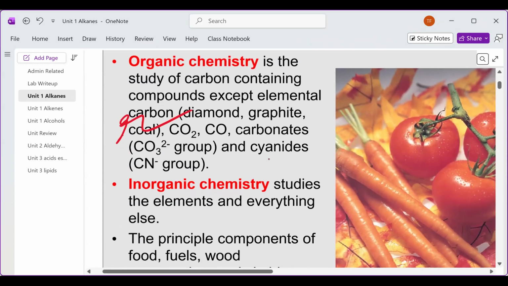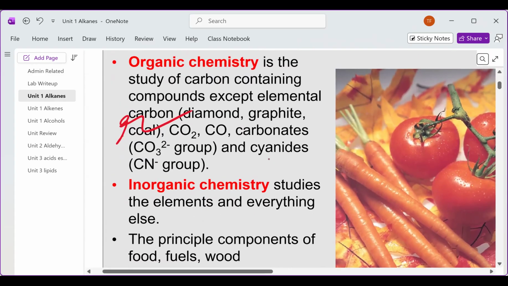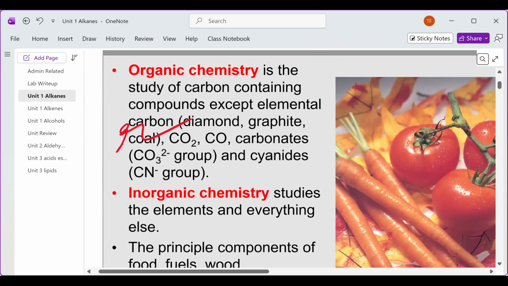Okay, so there are many types of chemistry. You've heard of organic probably. 305 is considered an inorganic class. There's also physical chemistry. That's things like quantum mechanics and thermodynamics. There's also nuclear chemistry.